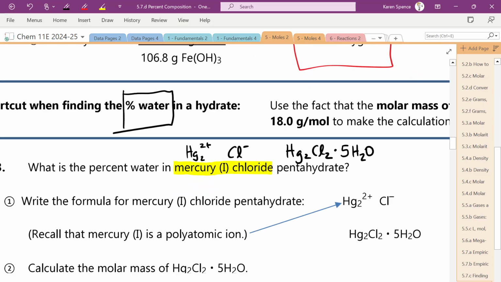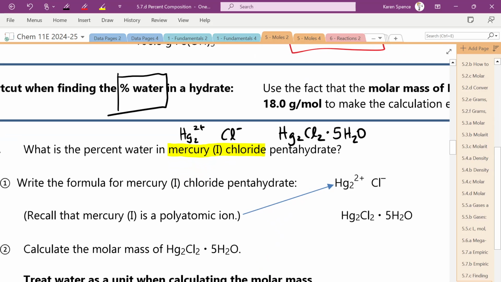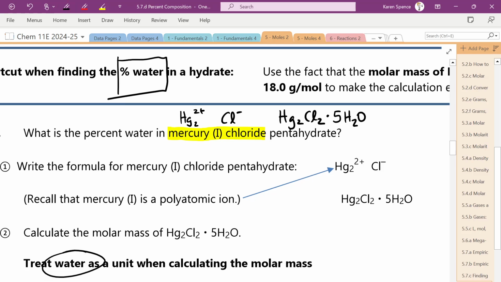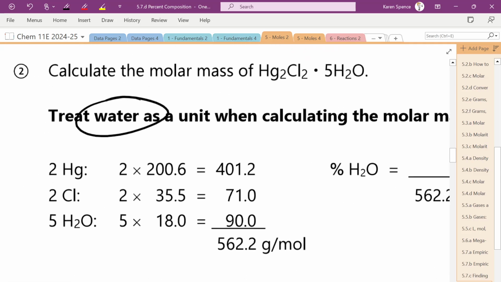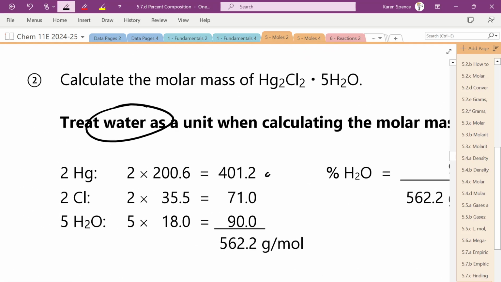All right, so we got mercury 1 chloride pentahydrate, and then you would calculate the molar mass of the whole thing. And because we are finding the percent which is water, we're going to treat water as a unit when calculating molar mass. So we find the mass of mercury, we find the mass of chlorine, and we find the mass of water, and we use the fact that the molar mass of water is 18.